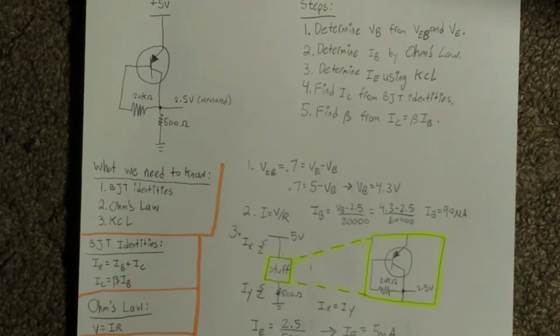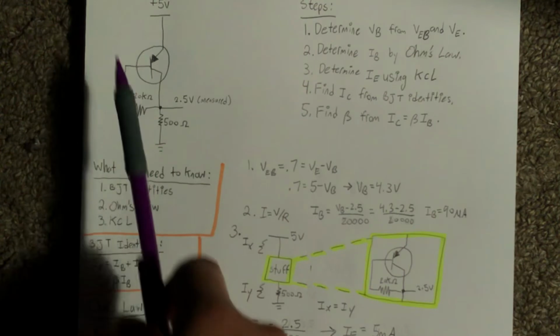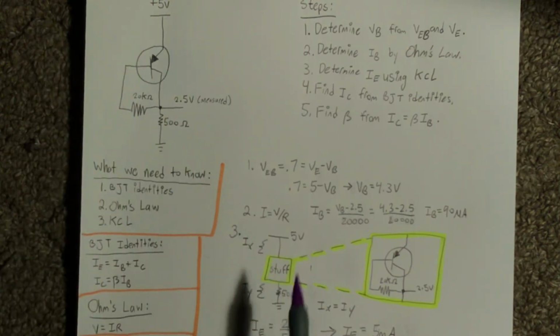All right, and thirdly, this might look a little complicated, but I promise it's simple. So we could rearrange this whole circuit to look a little something like this. Now, this is rather informal, but it's just for the purposes of understanding what's going on.